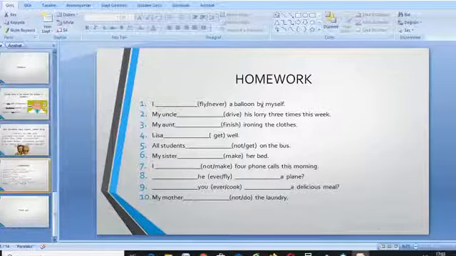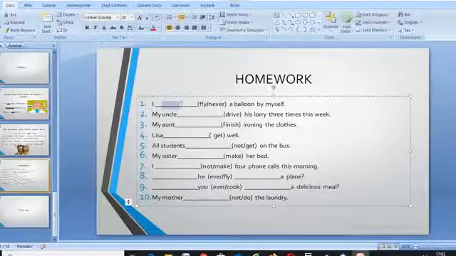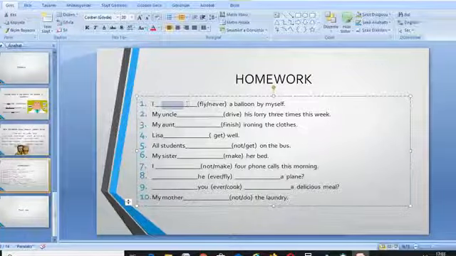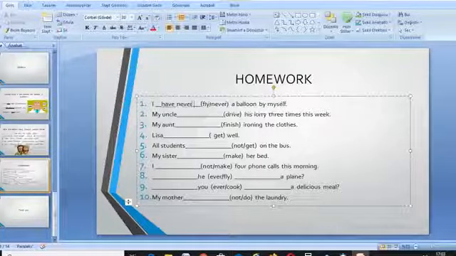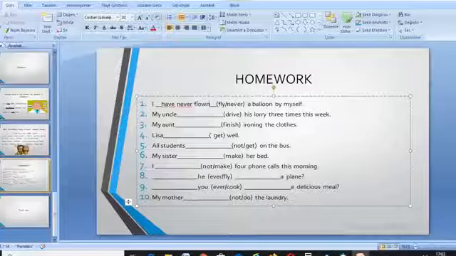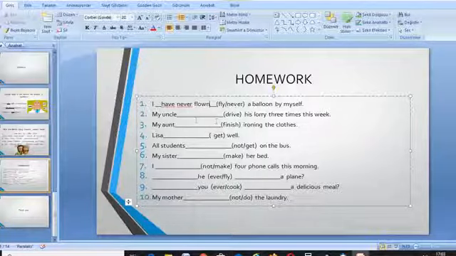This time, this is your homework, but let's do it together. I fly never a balloon by myself. So what do you say? I have, of course, I have never flown a balloon by myself. My uncle drives his lorry 3 times a week.